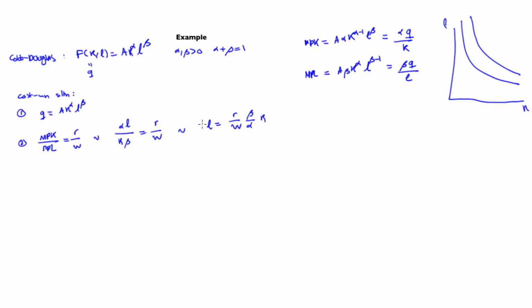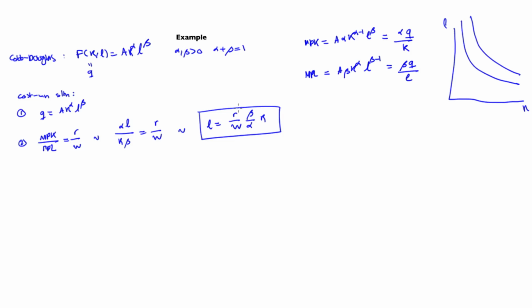This is one equation that is going to be very useful, so let me take a moment to interpret it. It is telling us that whatever the solution to the cost minimization problem is, the relationship between labor and capital is given by this equation. And let's check if it makes any economic sense. It's telling you that the amount of labor relative to the amount of capital, so if you wish you can pass the K here, increases with the relative price R divided by W. That makes a lot of sense.